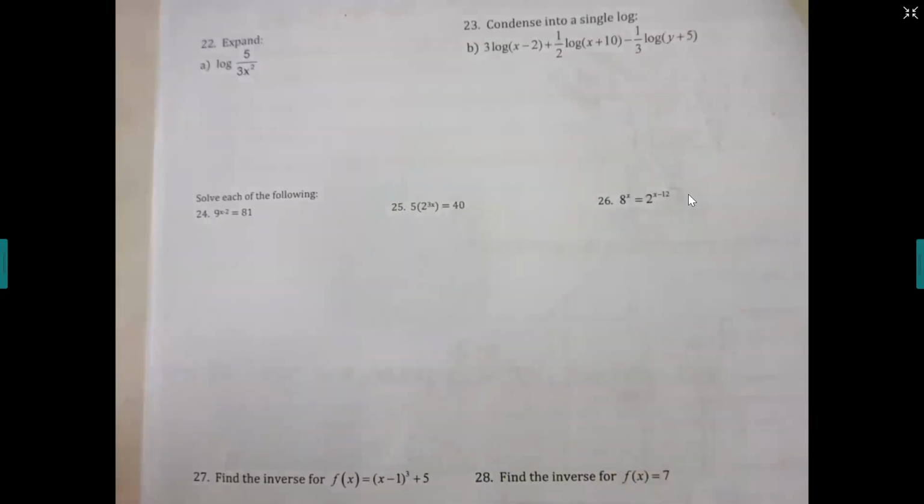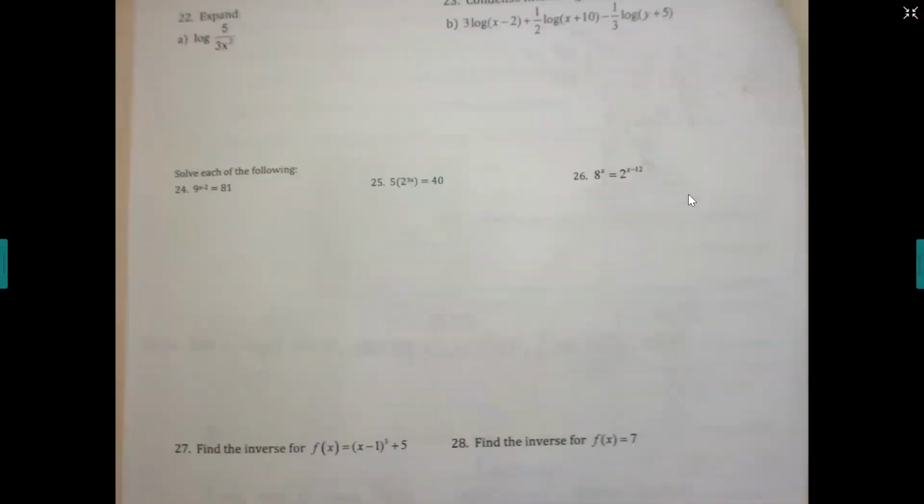Yes. Alright, look at 22, 23. Okay, 22, when you're expanding, everyone gets their own log. Versus 23, when you're condensing, you're trying to squish them all back into 1 log. So we're gonna do 23 first. What numbers should I move for step 1? Okay, we're doing 23. The numbers in the front, very good.